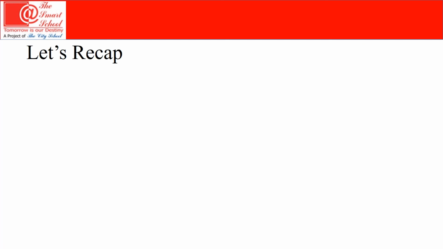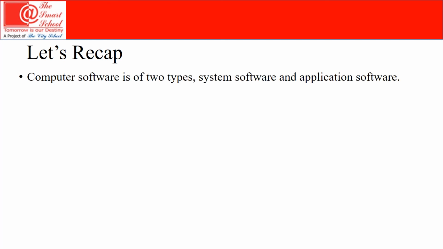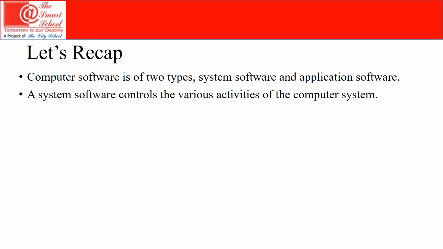Now let's have a brief recap of the topic that we have covered in this video. Computer software is of two types, system software and application software. A system software controls the various activities of the computer system. Operating system is a type of system software.